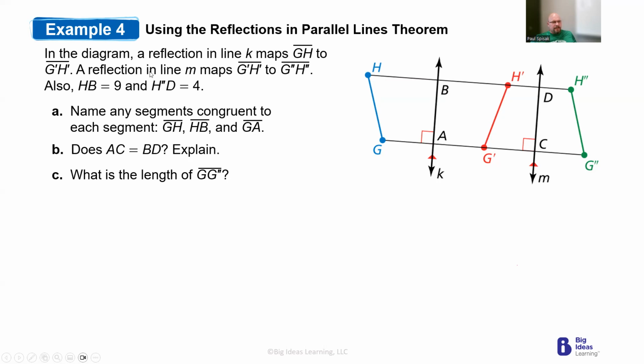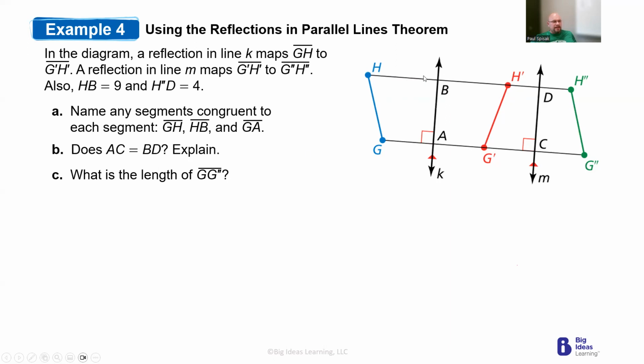Let's try that again. The reflection in K maps GH, the blue one, to G prime H prime. So that's the red one. The reflection in line M maps G prime H prime to G double prime H double prime.